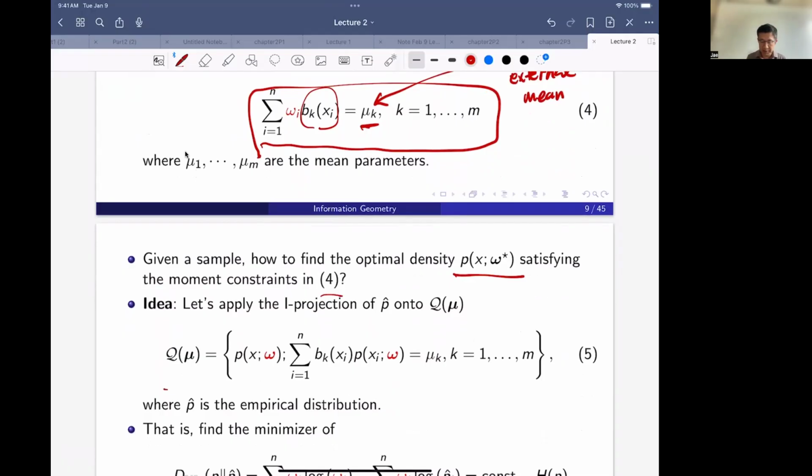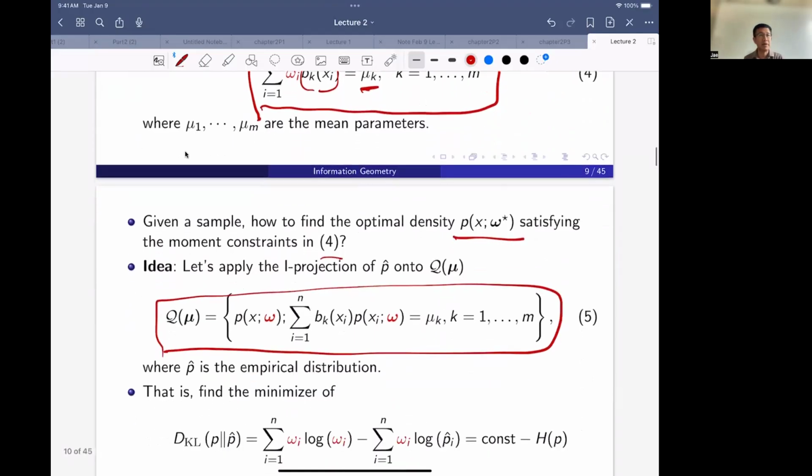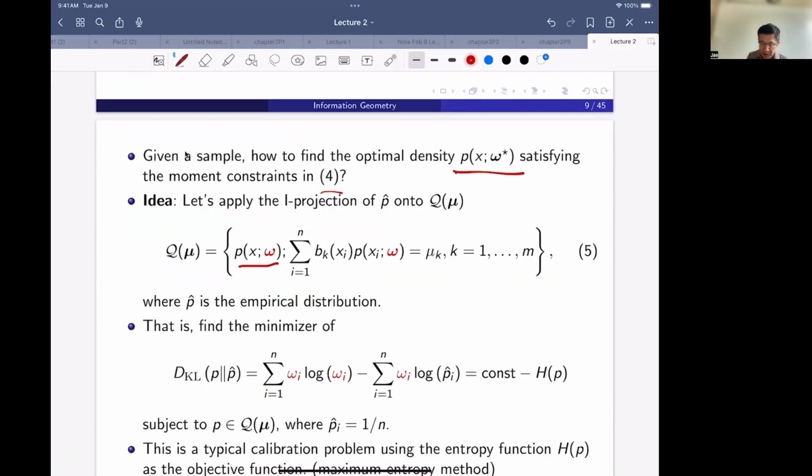So the space that we are interested in is the calibration space. Basically, our density is a weighted version, right? So basically a weighted distribution, but the weight is indeed free. So what do you mean by this?